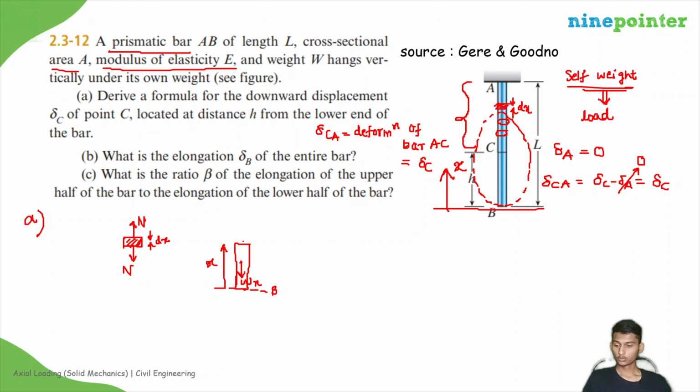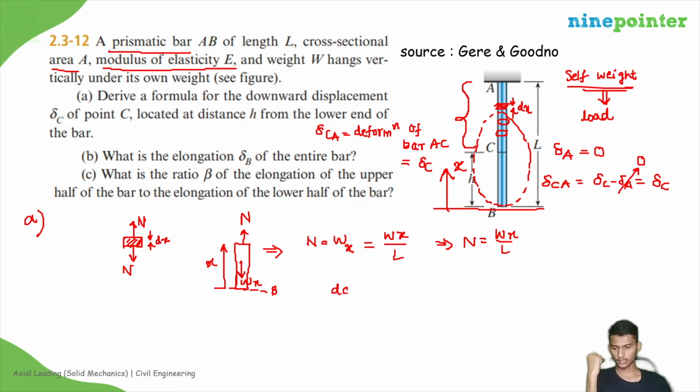Now the force n will be this n only, because equal and opposite. From the equilibrium equation, n will be equal to Wx. What is Wx? For the whole length it is W, then for x length it should be Wx by L. That will be equal to n. So n is equal to Wx by L.